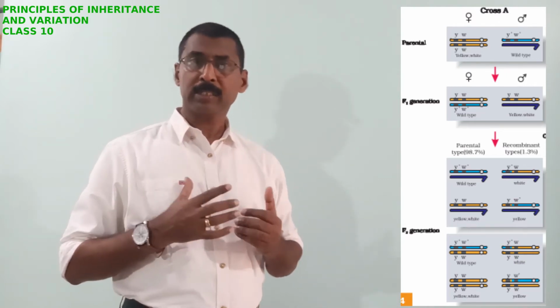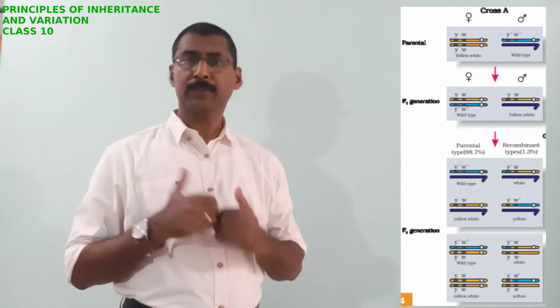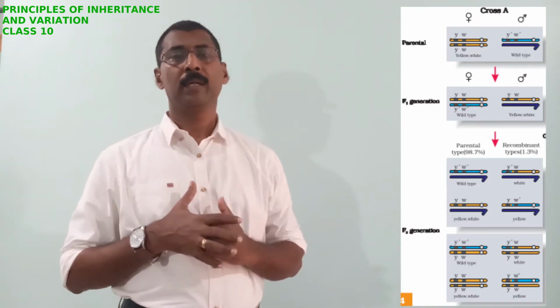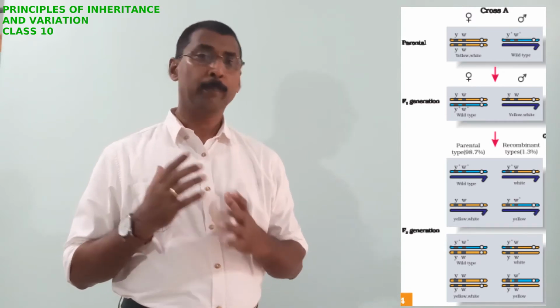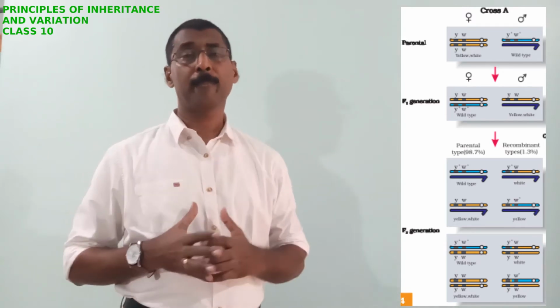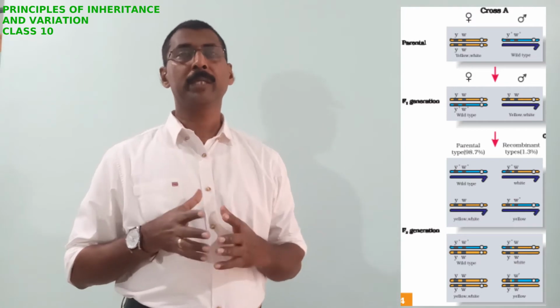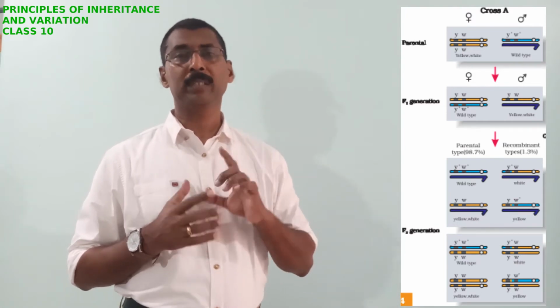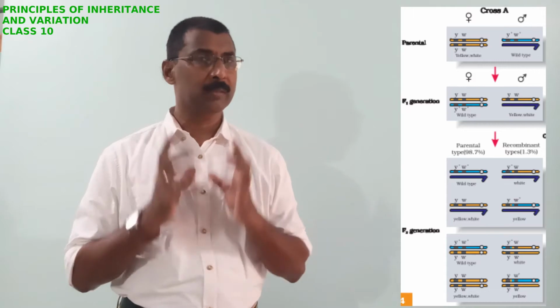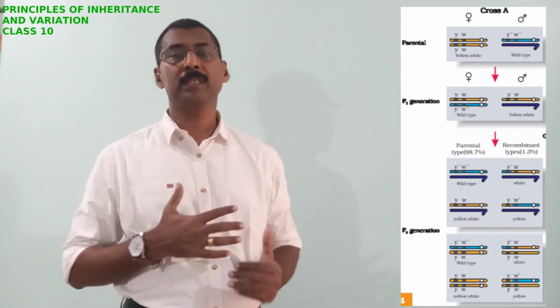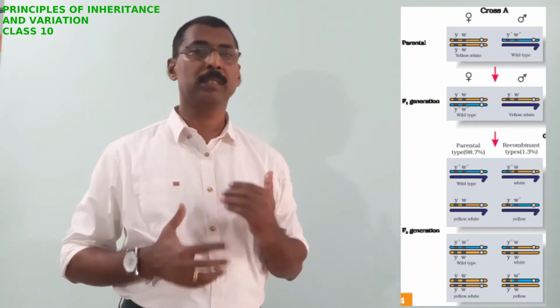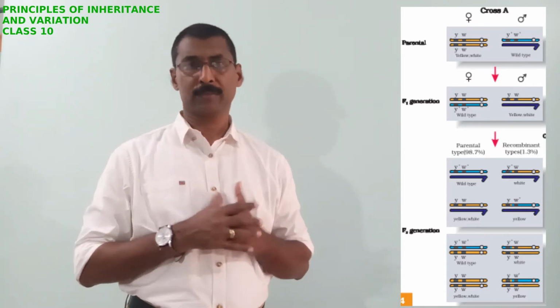As a result of this dihybrid cross, he got the F1 and then F2. In the F2 he examined the percentage of parental combination and recombination. He got a high parental combination percentage, that is 98.7%, and a very low recombination percentage, that is 1.3%, that we have seen in the last class.